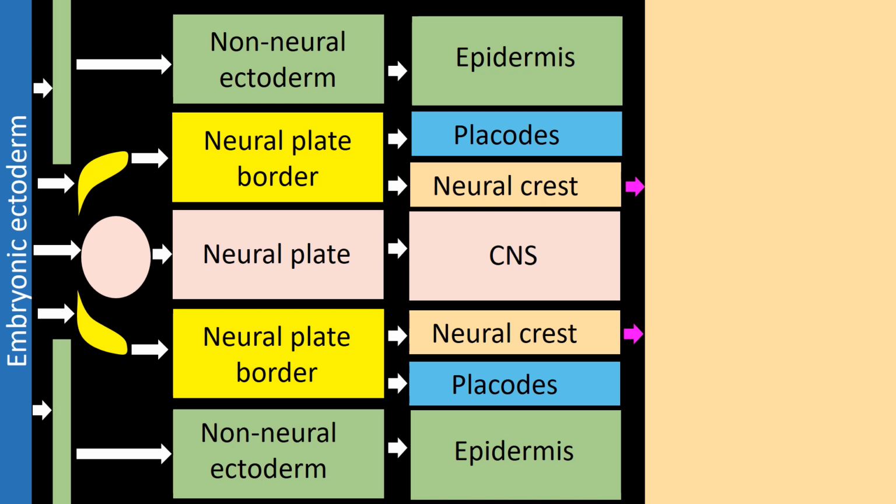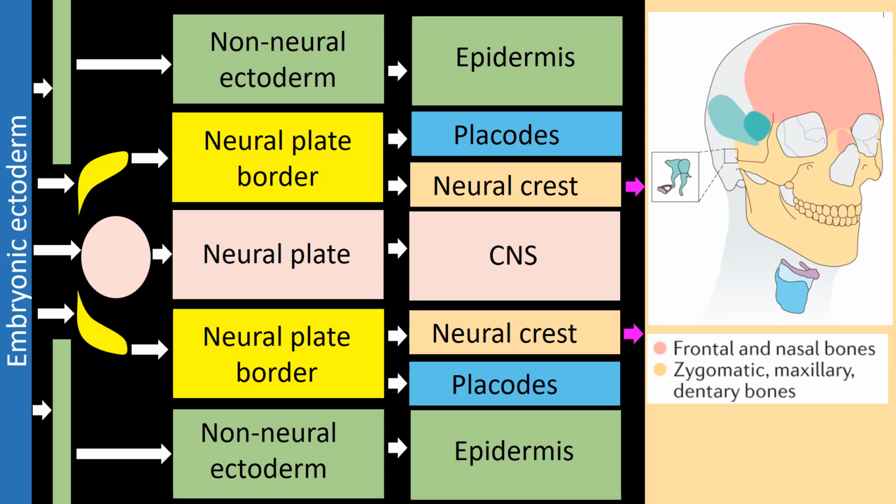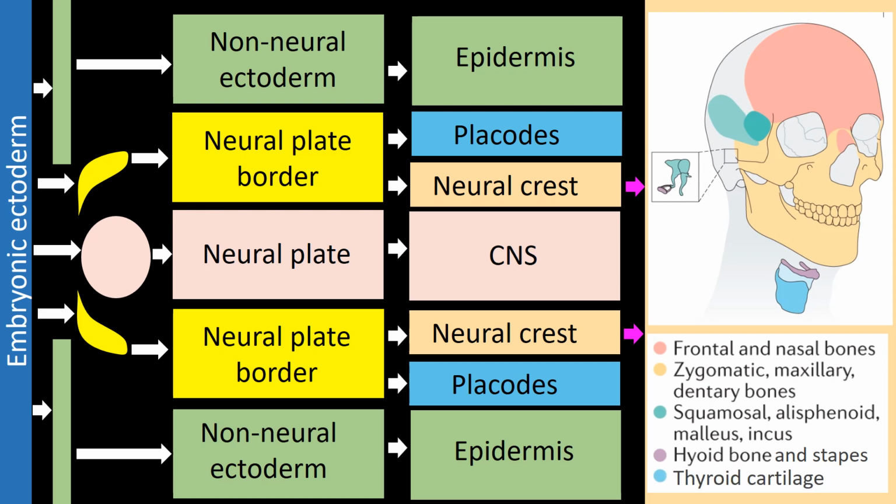From the neural crest, many structures develop. Bony structures arising from the neural crest are the frontal and nasal bones, zygomatic, maxillary, and dentary bones, squamosal, alisphenoid, malleus, and incus, hyoid bone and stapes, and the thyroid cartilage.